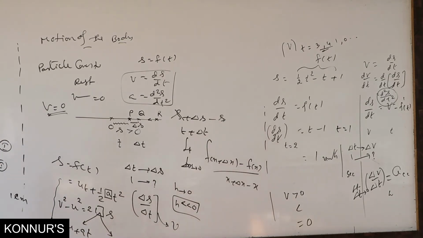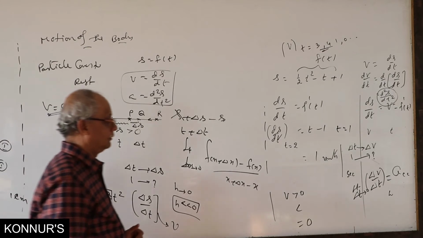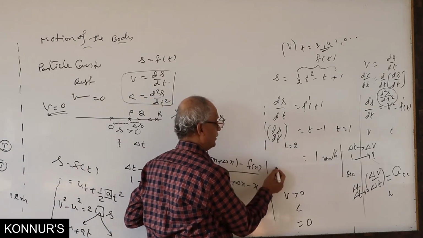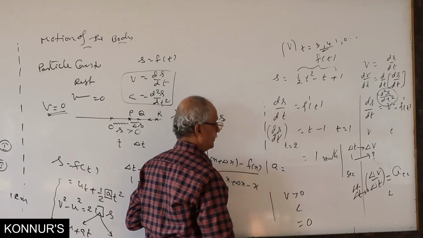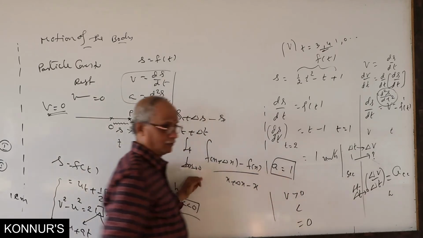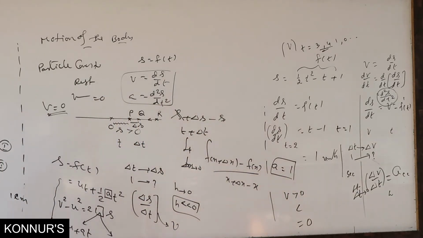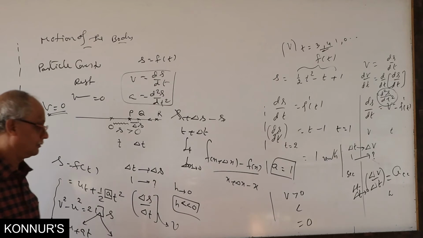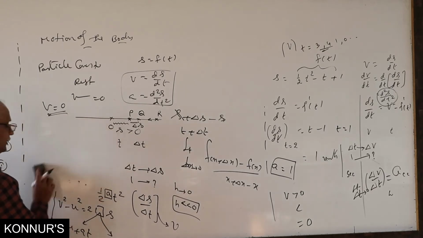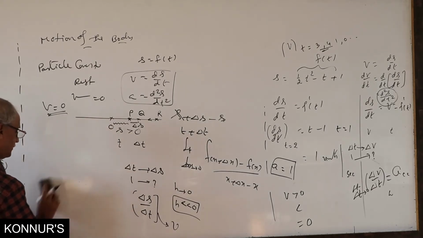To the same example, I will tell you one more, because one I already wrote here. Once you got the velocity, what is its acceleration? 1. What is the meaning? Acceleration is 1, independent of time. For all t, the acceleration is 1 only, 1 unit per second square.